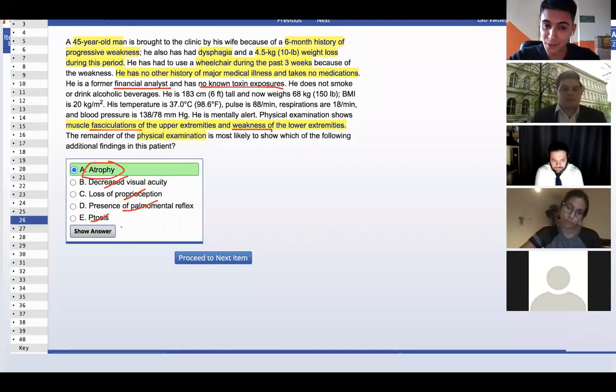And sometimes it's just by exclusion of what is the most likely. They know that you can't know everything, but they want to see if you're able to use what you know and somehow apply it and choose the most likely diagnosis or answer, even though you don't know it. So that's also a skill.